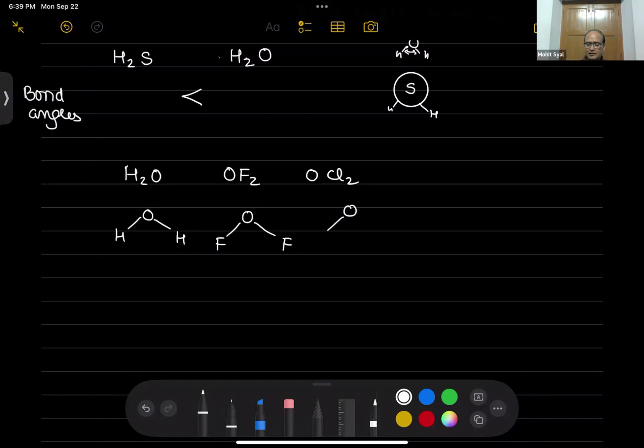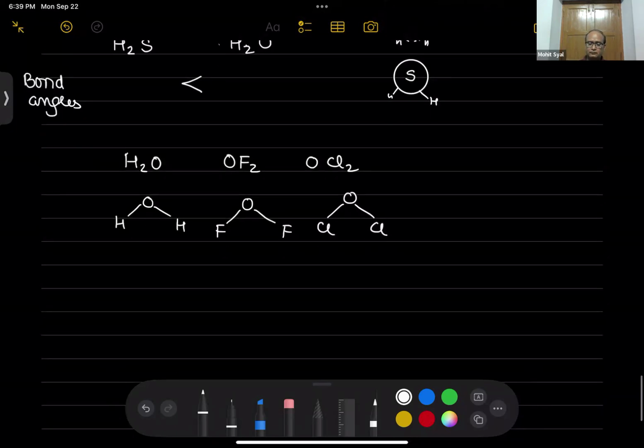And this is the structure of OCl2. So tell me, getting my point or not? What I said first, tell me about these two.